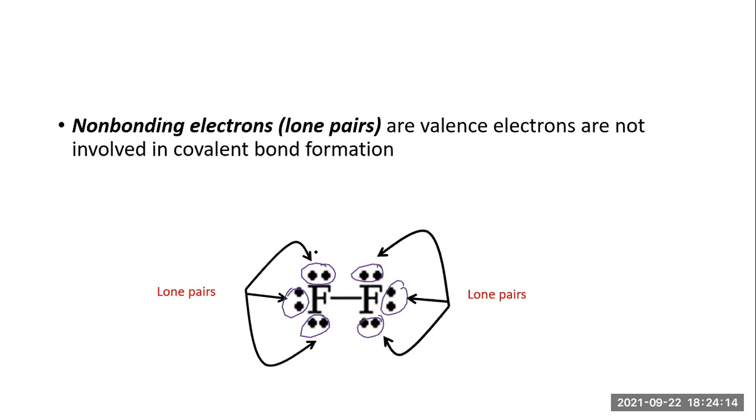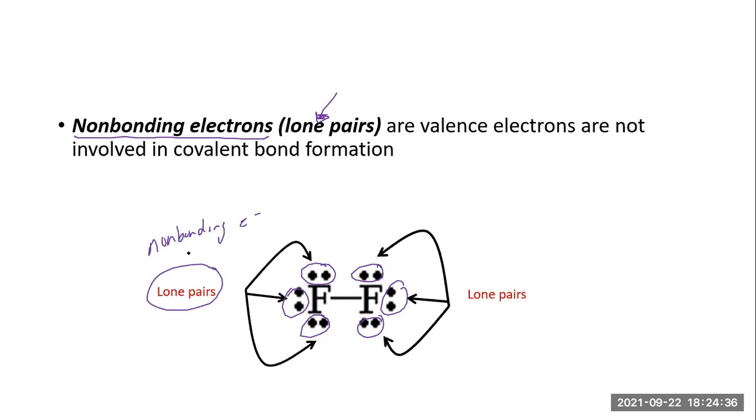And we know that because there's no other element on the other side of those dots. These are what are referred to as non-bonding electrons. Most people call them non-bonding electrons these days. If you're old like me, you might still call them lone pairs. So if you hear me say lone pairs, it's the same thing as non-bonding electrons.